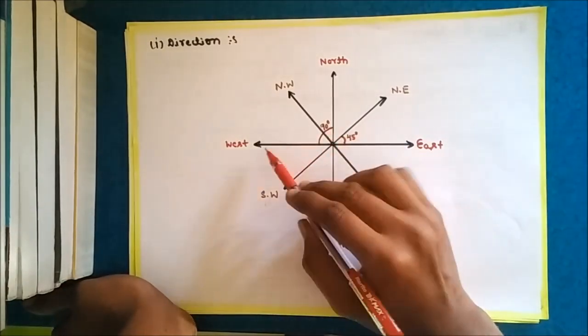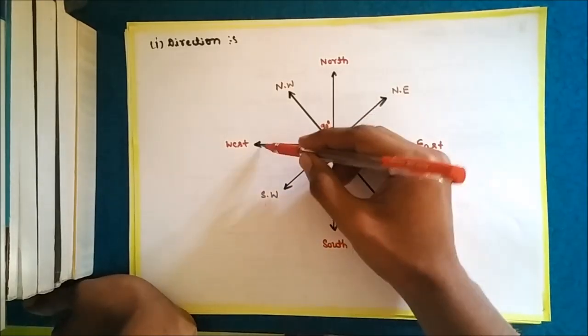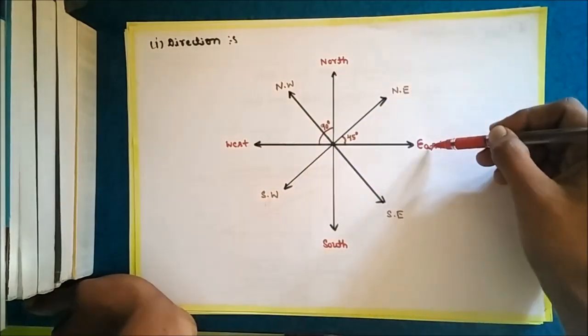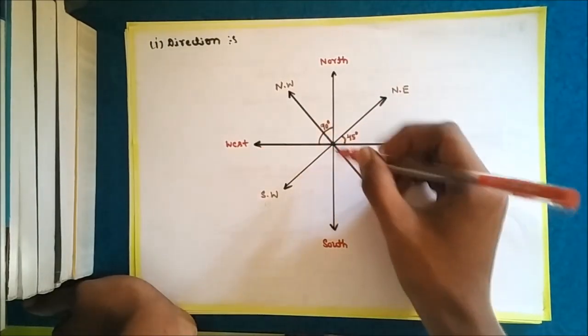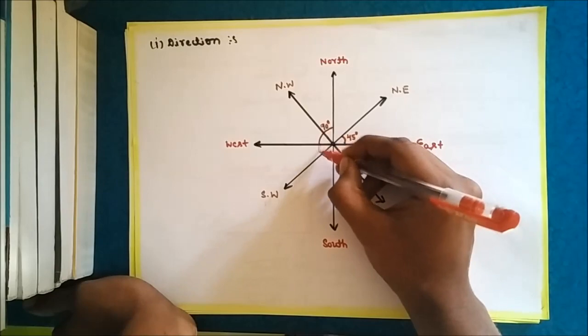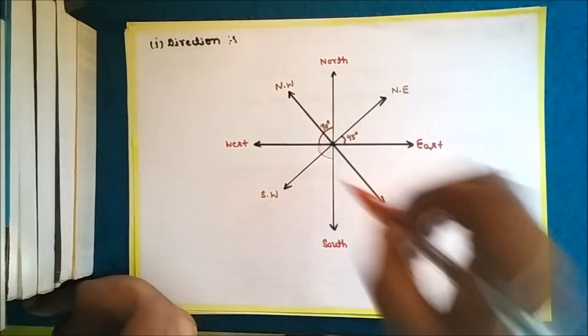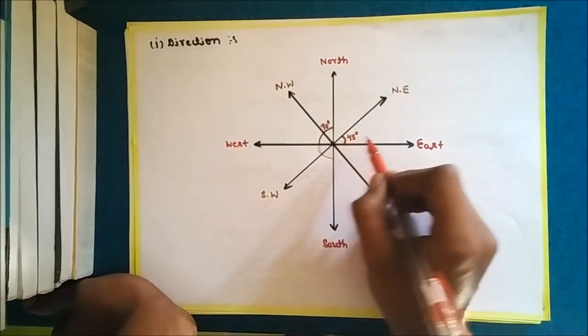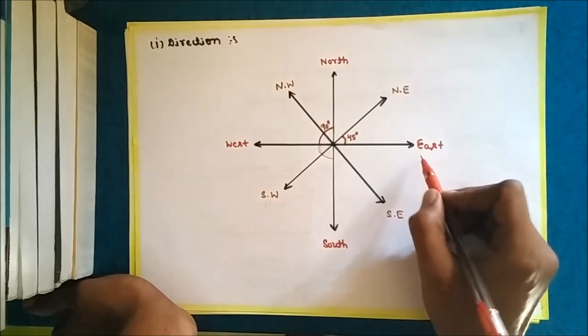There is a 90-degree gap in between north to east, east to south, or south to west. Friends, there is a 90-degree for this gap. And then there is a 45-degree gap from anything you take, north to east.